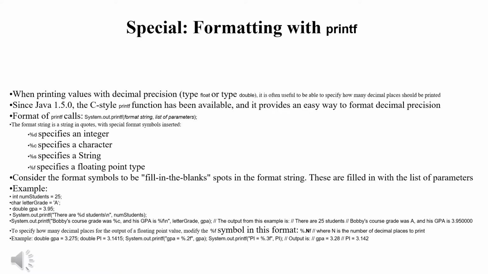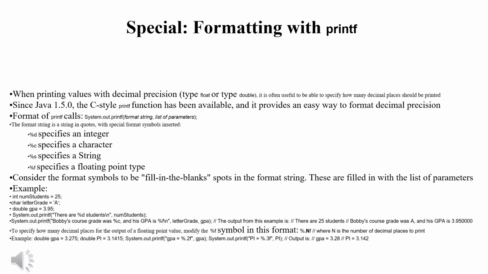So in these cases, you can specify how many numbers after the floating point should be printed. You see here, in the last line, GPA is a double variable with value 3.275, and pi is again a double variable with value 3.1415.